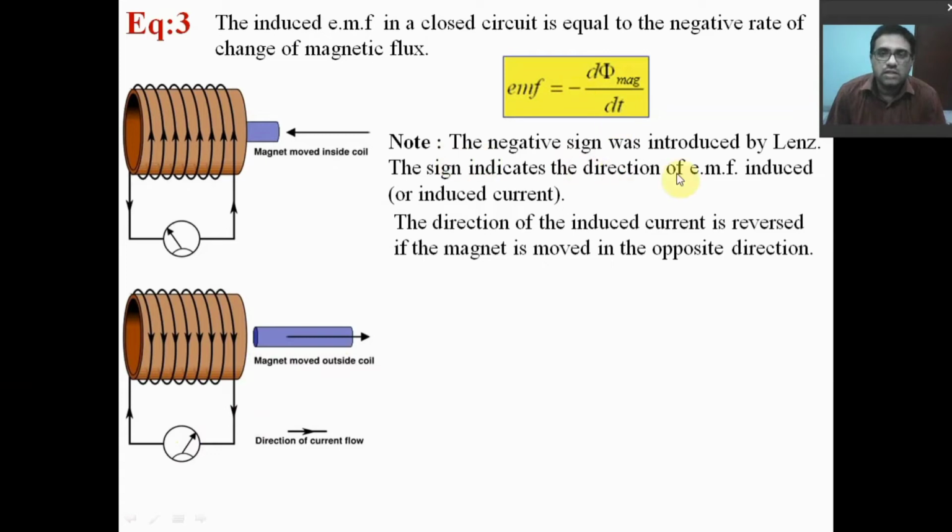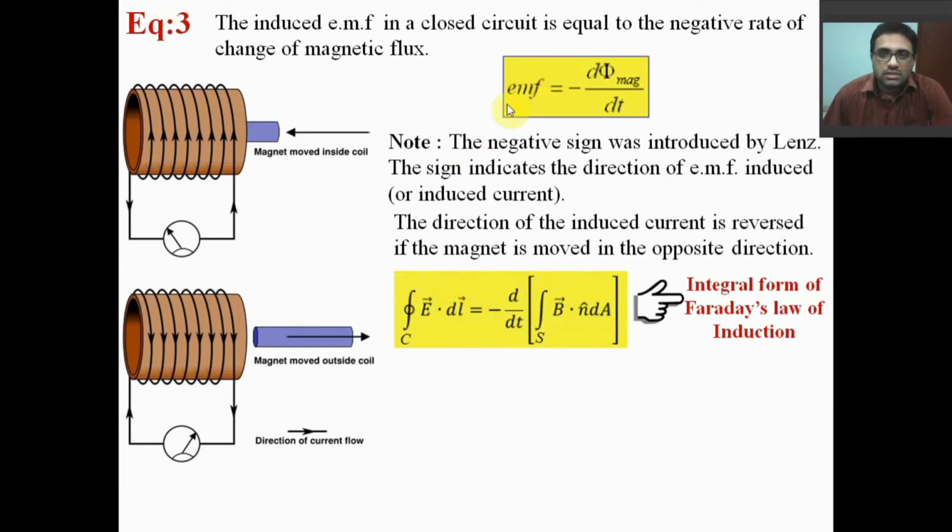So this minus sign indicates the direction of the EMF that is induced in the circuit. Okay, now as an induced EMF is generated in the current loop, it will produce an electric field in the loop, so we can write the closed line integral E dot dl, because that is a closed loop, equal to minus d/dt of the magnetic flux, right?